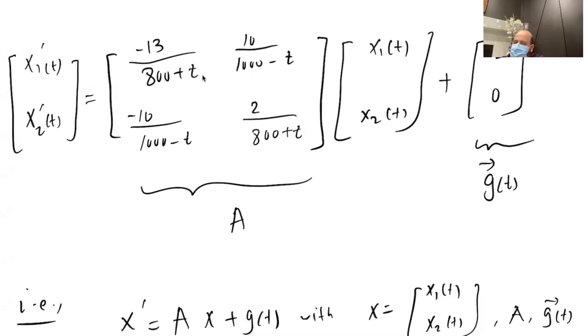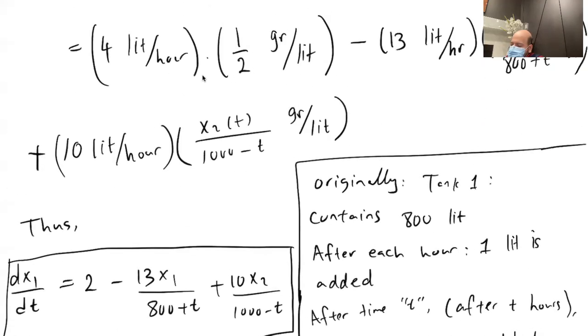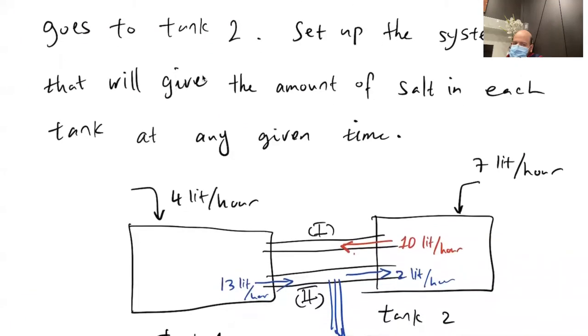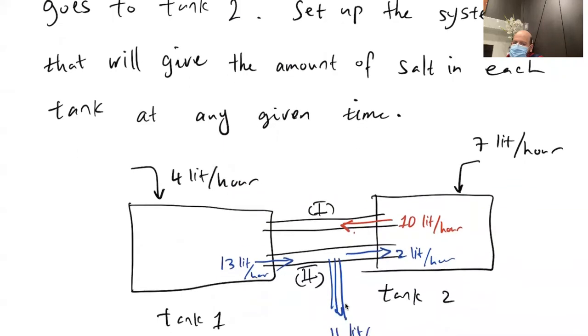So we want to see whether we can adjust the numbers given in the question. I mean these numbers, like 4 liter per hour, 7 liter per hour here, 10 here, 13 here, 11 here, 2 here. So can I adjust one or few of these numbers, like 4, 7, 10, 13, a little so that I have a system with a matrix that has constant entries?